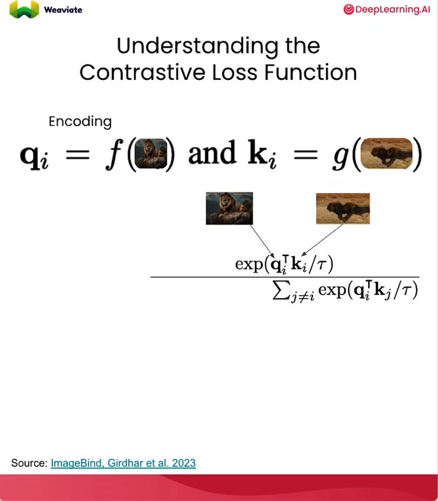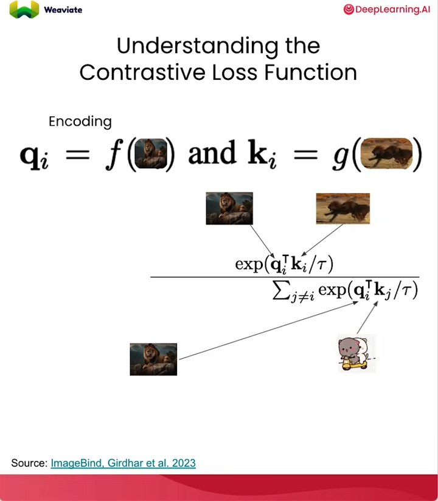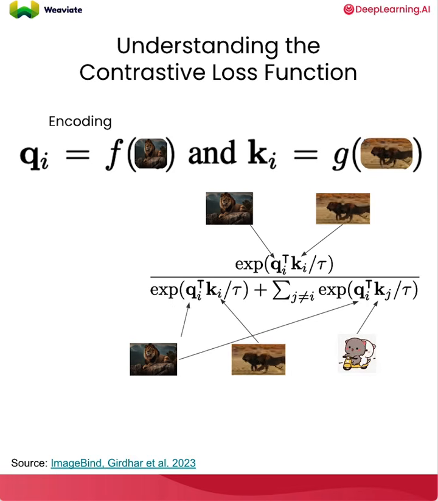In the denominator, here you've got a negative example. Say the image of a lion and a couple of kittens on a bicycle. This in fact is one of many negative examples that you need to sum up. You want this formula to return a probability, so in the denominator, you normalize by providing the positive example from the numerator again.